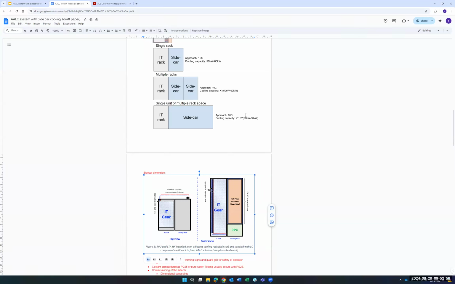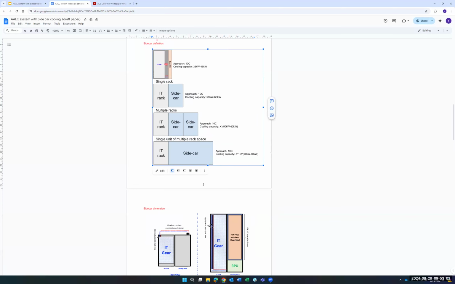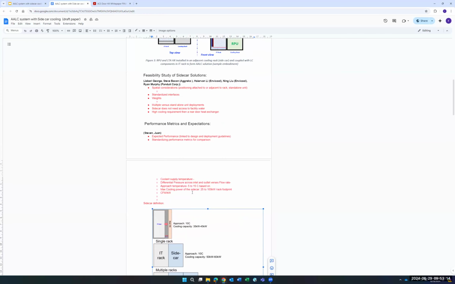But the single-unit, very wide sidecar has lots of design features that make it more efficient than multiple single wides. Yes, and cost efficiencies, because you'd have a single RPU in it instead of two with the two singles.